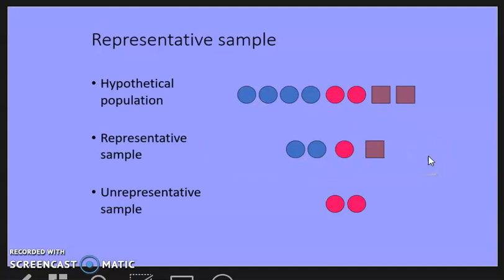But if you don't do a probability sampling, or you do a non-random sampling, you might get a sample something like this, which is not representative of the population. So the limitation of convenience sampling, or any of the non-random or non-probability sampling, is that you cannot infer the results to the population because the bias might be there.